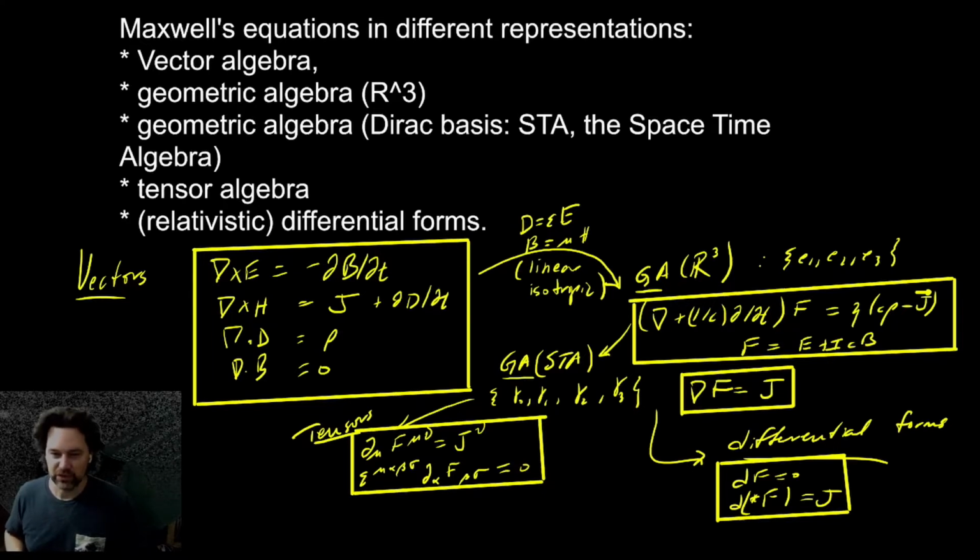The main point of that in-between video, which I'll leave a link to, was to show that the representation of our spatial basis vectors in space-time algebra will actually be a bivector representation.